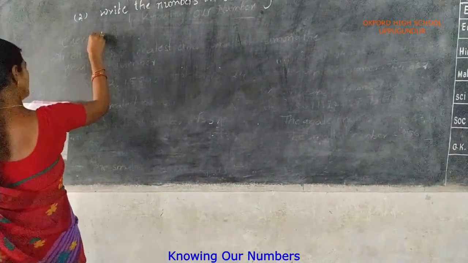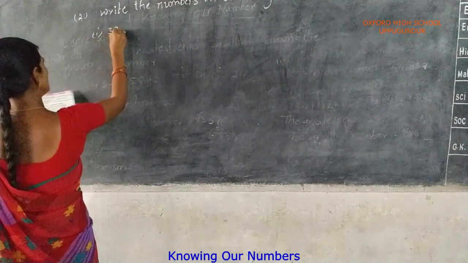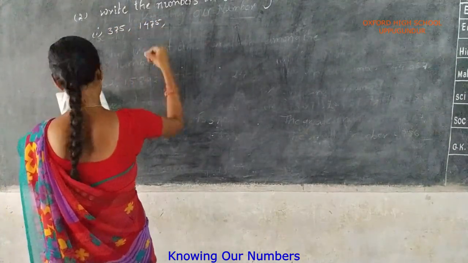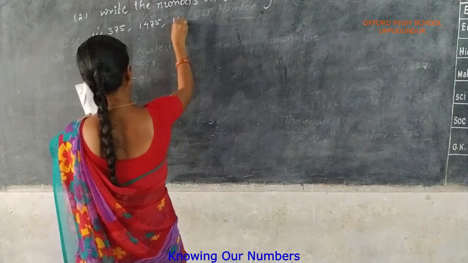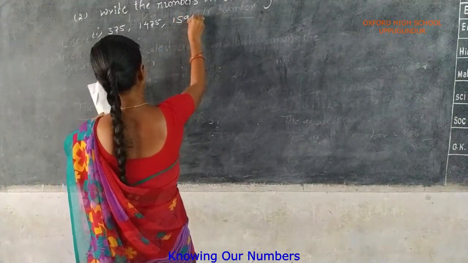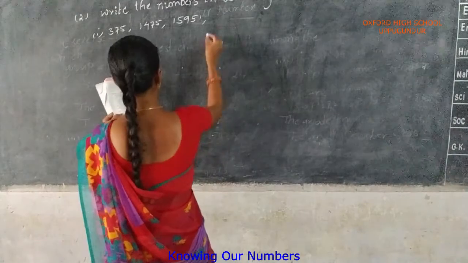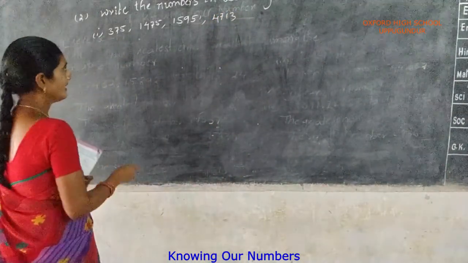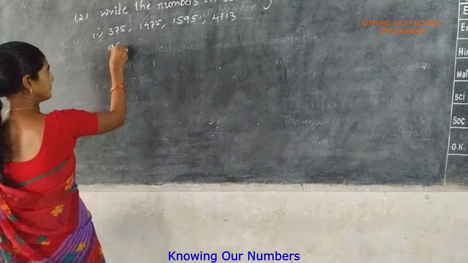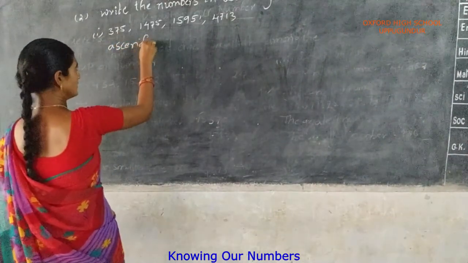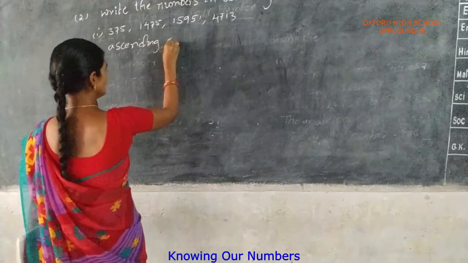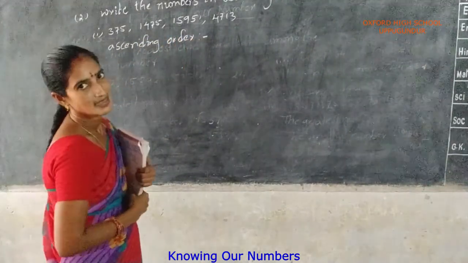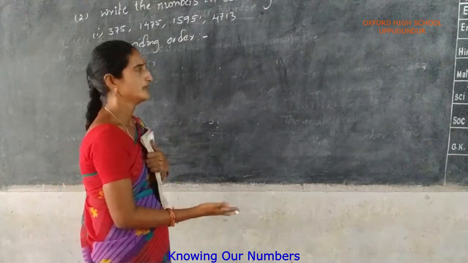First one, 375, 1475, 15,951, 4,713. Ascending order equals increasing, small to big value.